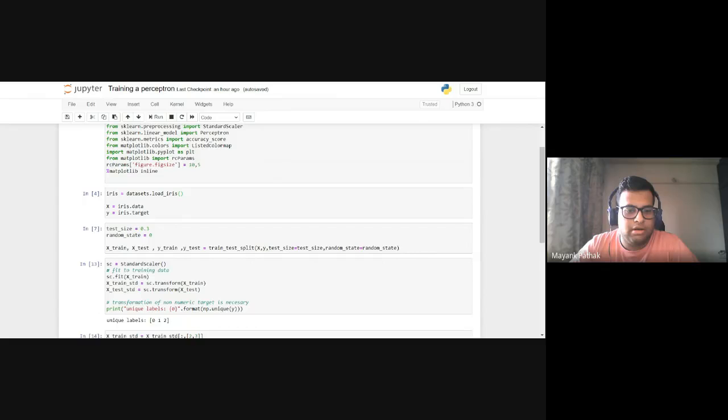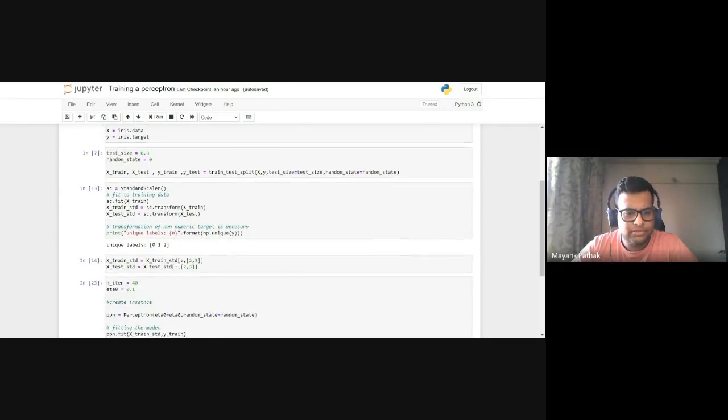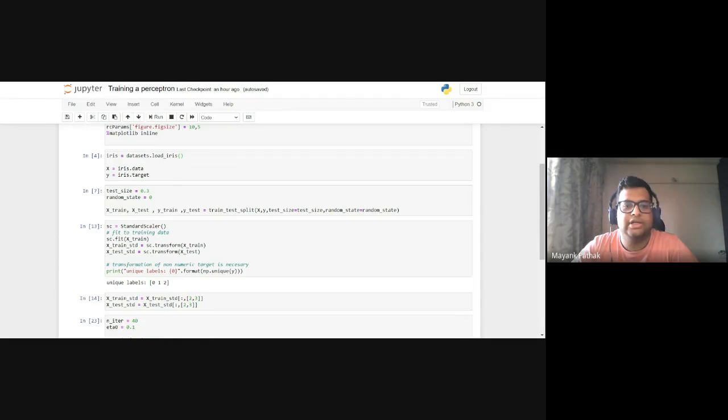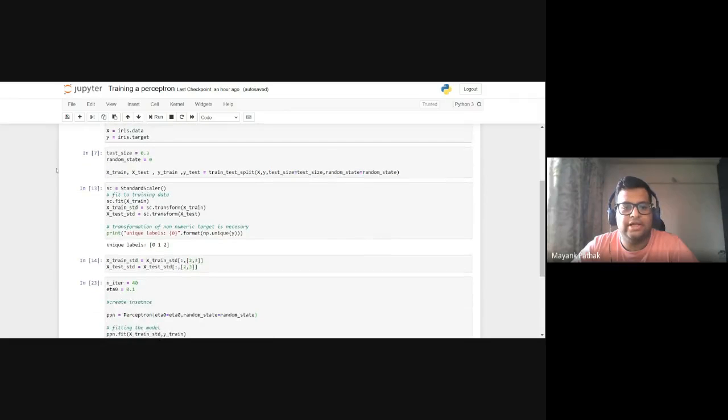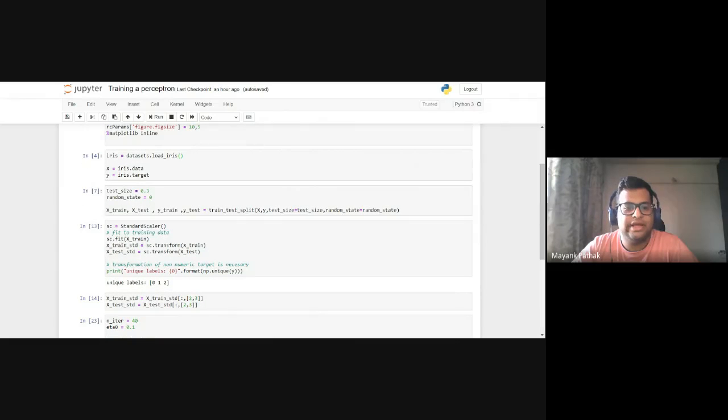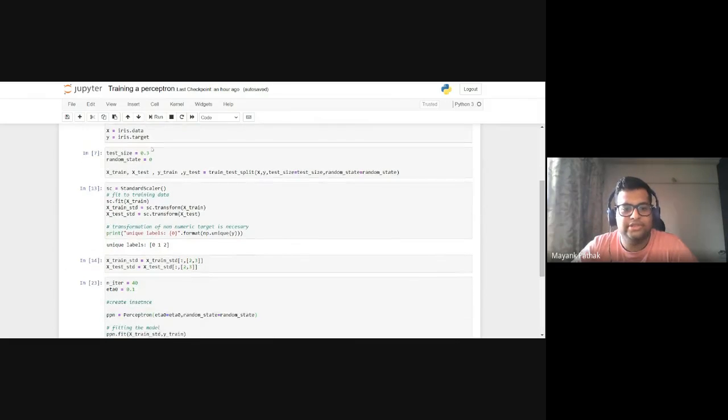We have loaded the iris dataset, and we have categorized x as the data and y as the target value. We have split it with 0.3, that is a 70/30 ratio, into training and testing sets.